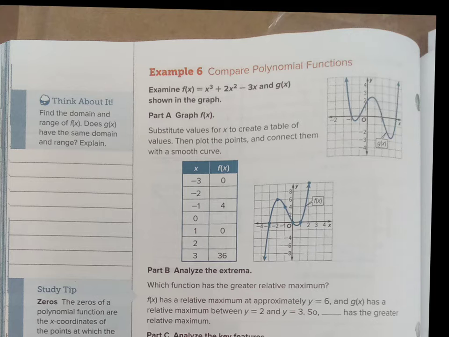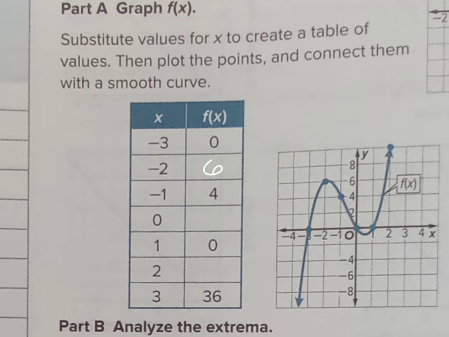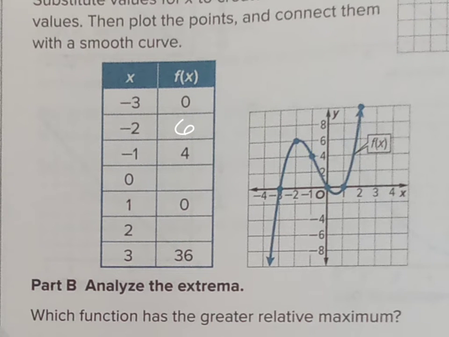Now, they already did it. So to finish this table off, at -2, what's the Y value of F there? Yeah, about 6. I'm going to zoom in here. Okay, and then at 0 is what? 0. And then at 2?